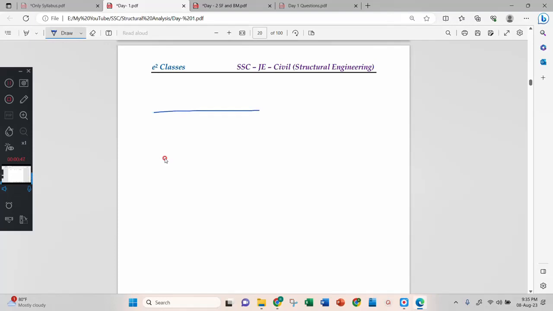Simply supported beam, point load eccentric, A, B. This is WB by L, this is WA by L. Okay, shear force diagram. Now, this arrow says go up, constant, come down, go straight, up.